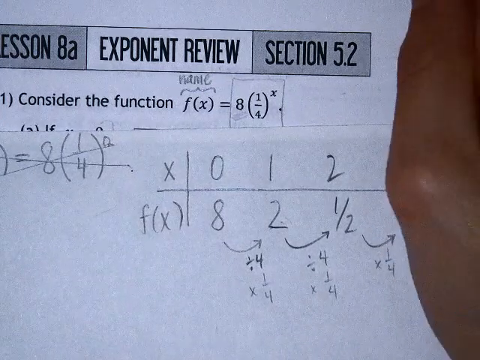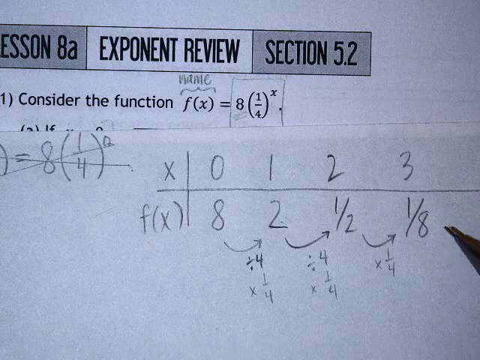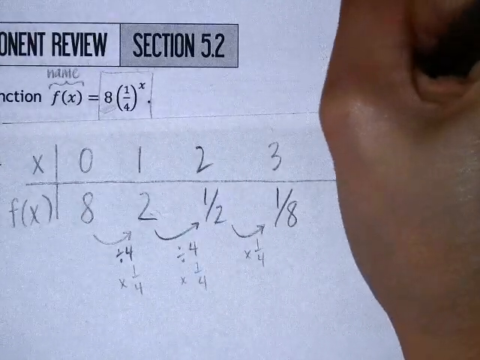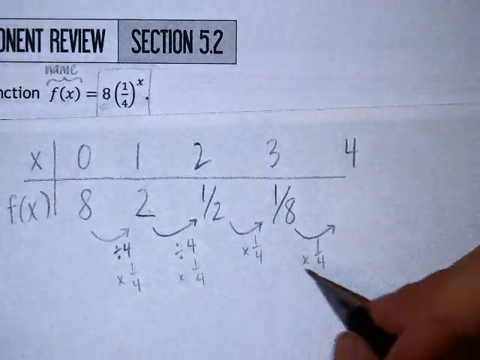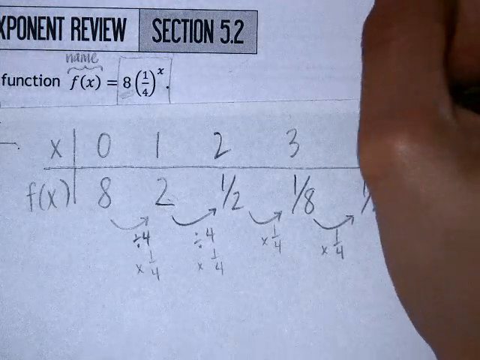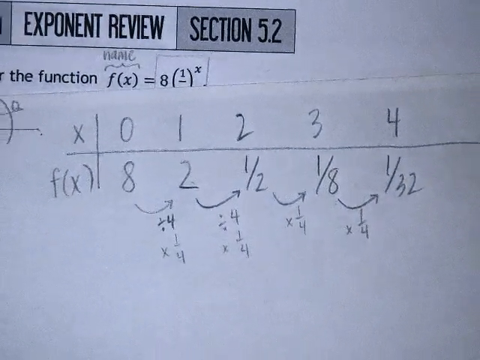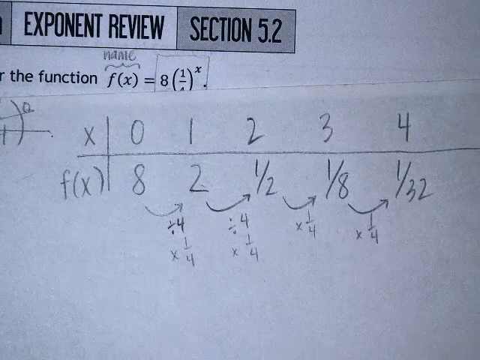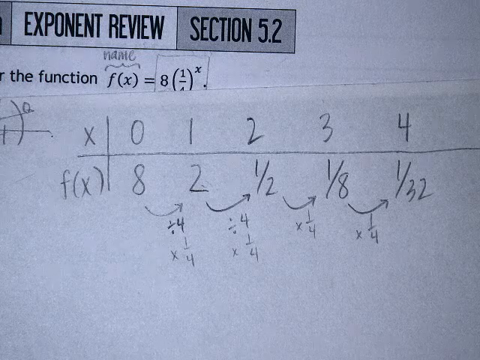So 1/2 times 1/4 is 1/8. You could also think of that as 1/2 divided by 4. If you kept the sequence going and multiplied by 1/4 or divided by 4 again, you would get 1/32. The pattern can go as far as you want. That's the beauty of sequences: we can extend this pattern infinitely, now that we know the multiplier and how the pattern grows.